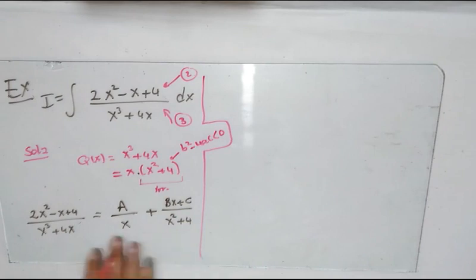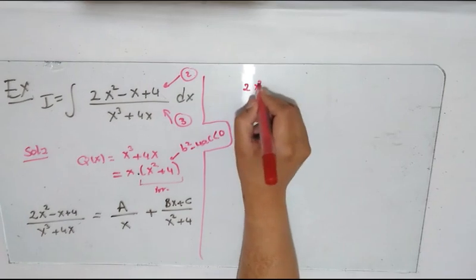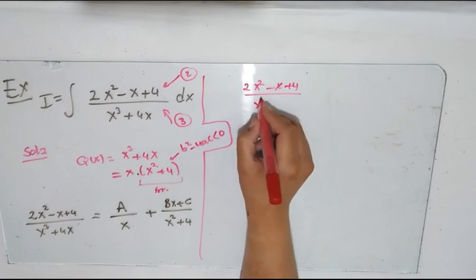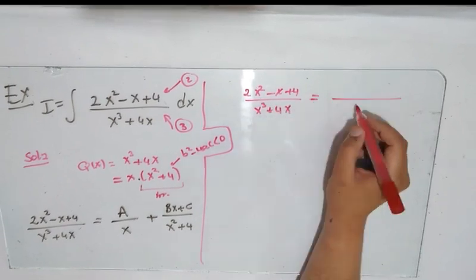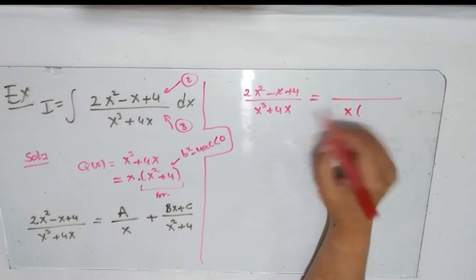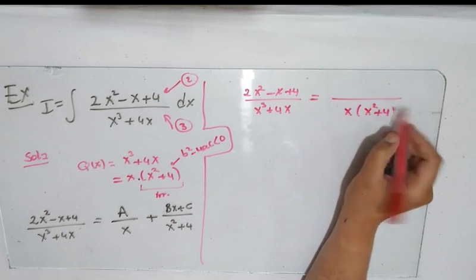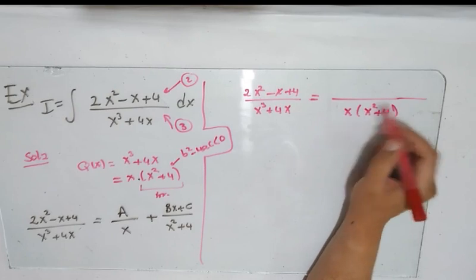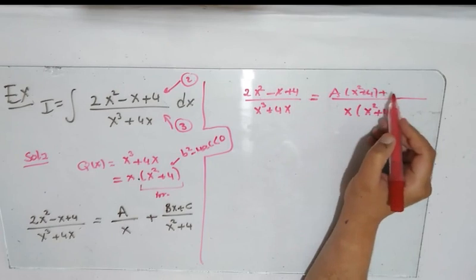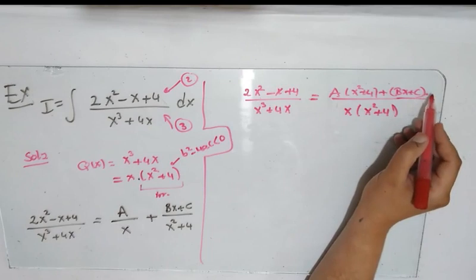So the second step here will be that we are going to make a common denominator. So you will have 2x squared minus x plus 4 over x cubed plus 4x equals, here our denominator will be the same as the original one, which is x times x squared plus 4, and the numerator here will be a times x squared plus 4 plus bx plus c times x.